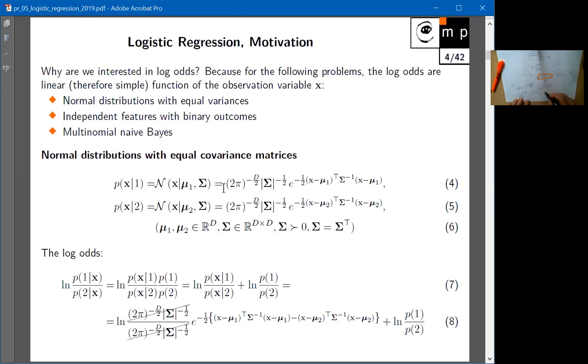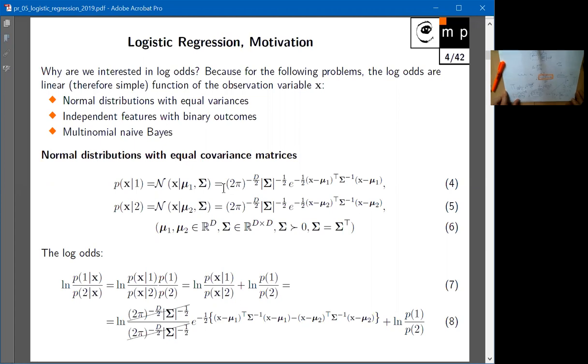But this part can be written in the form that we have here: x minus mu, then a diagonal matrix with 1 over sigma 1 squared, 1 over sigma 2 squared, and so on, and zeros elsewhere, and the vector x minus mu.